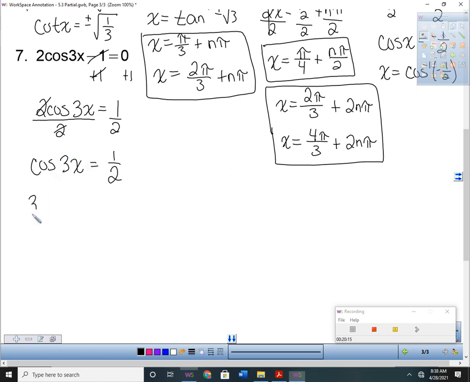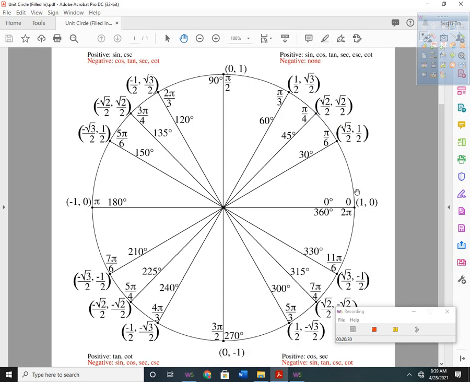So I have 3x is equal to cosine inverse of 1/2. So I'm looking for all of the angles that have a cosine value of 1/2. That's my x. So that would be pi over 3 and 5 pi over 3.